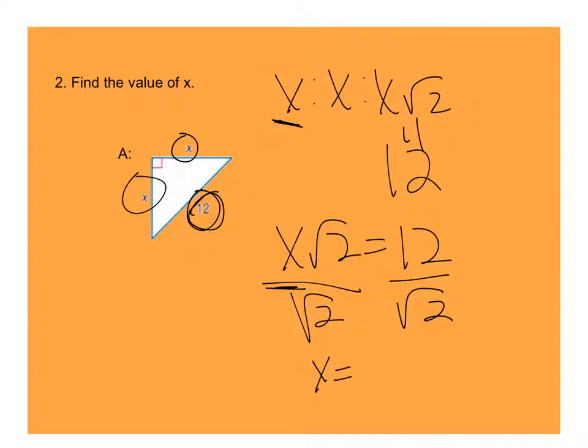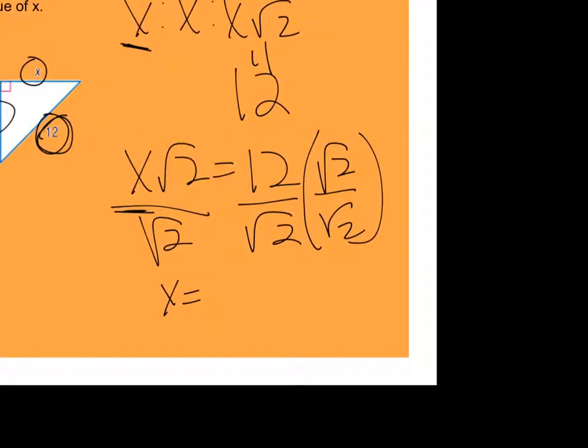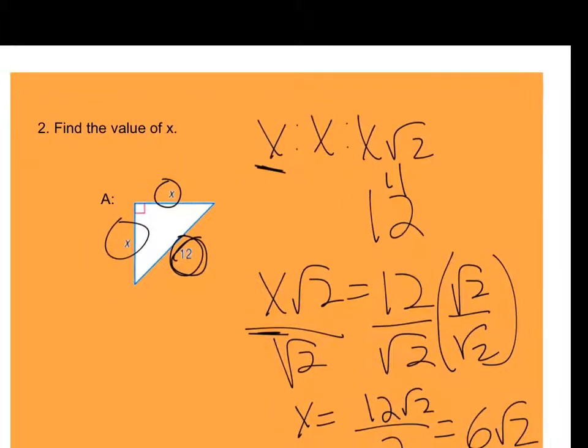So x equals, and I cannot leave a square root in the denominator, so I multiply by 1, the same on top and the same on bottom. I get 12 square root of 2 over 2, which is 6 square root of 2. That means each one of these legs is going to be 6 square root of 2.